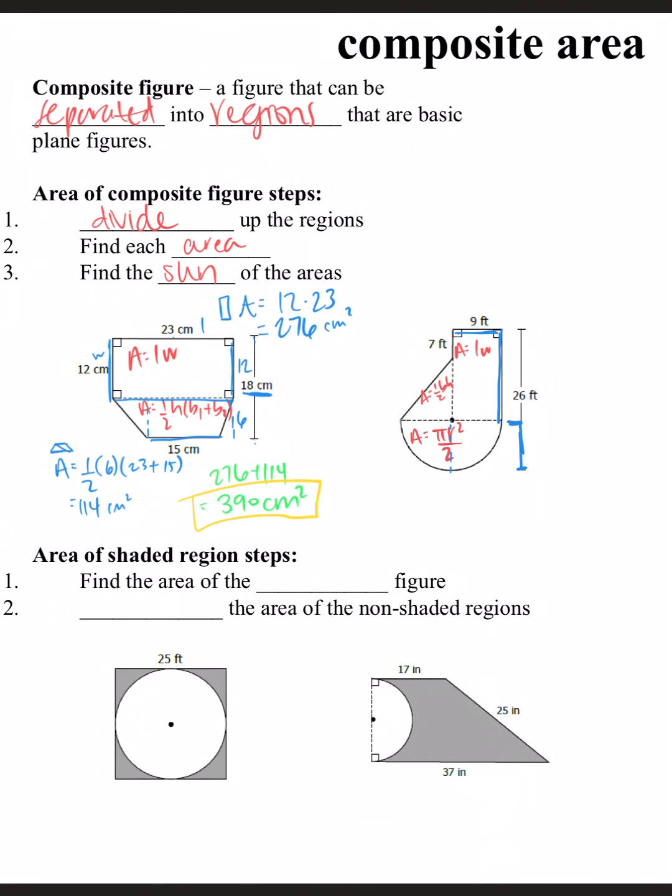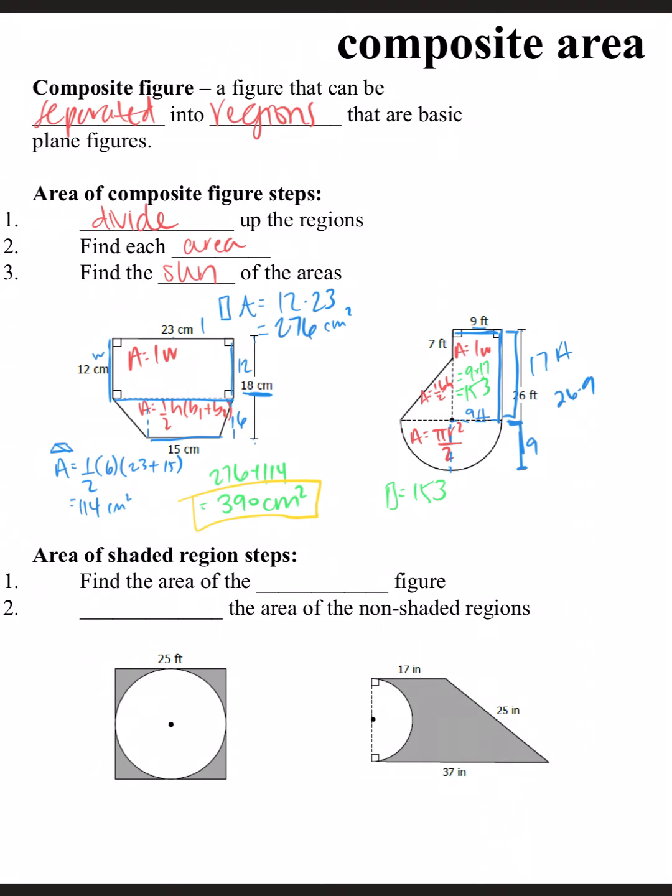What's our radius? This radius line is the same as this one, and we know that one is 9 feet, so this also has to be 9 feet. If I take 26 minus 9, that gives me 17. So the distance is 17 feet. Then length times width is 9 times 17, which is 153. So my rectangle is 153.